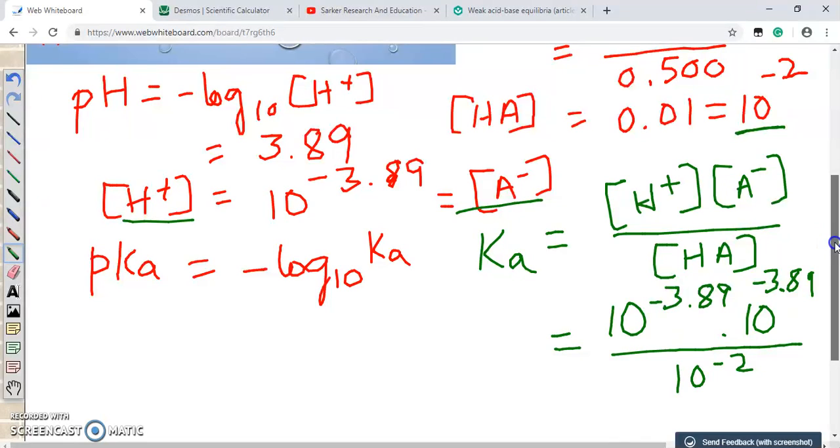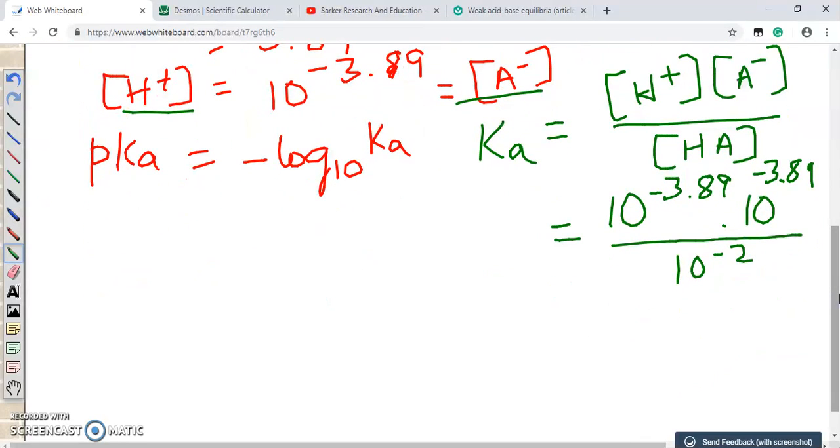From the rules of exponent multiplication and division, we add the exponents for multiplication, minus 3.89 minus 3.89, and for division we subtract, so minus 2 becomes a plus 2.